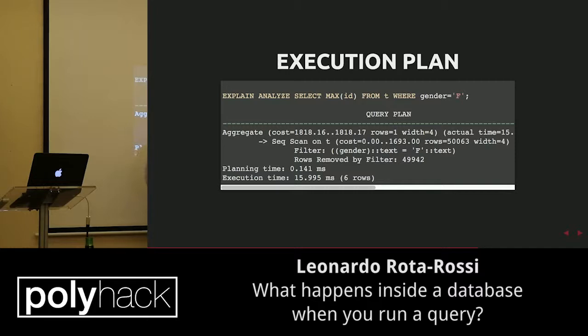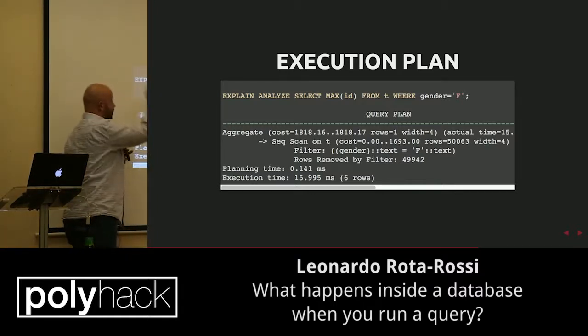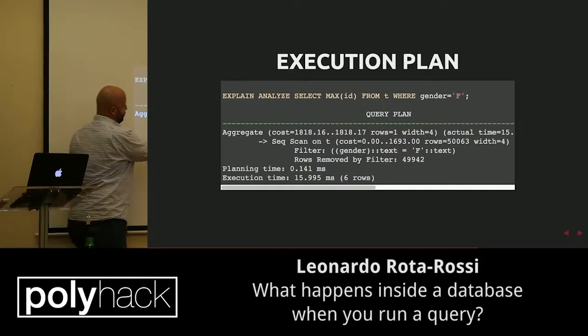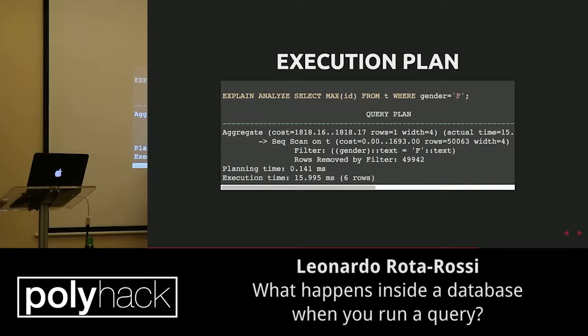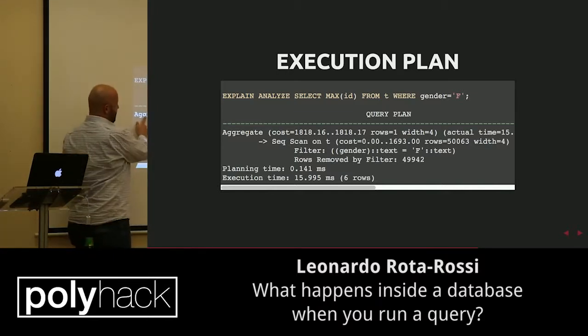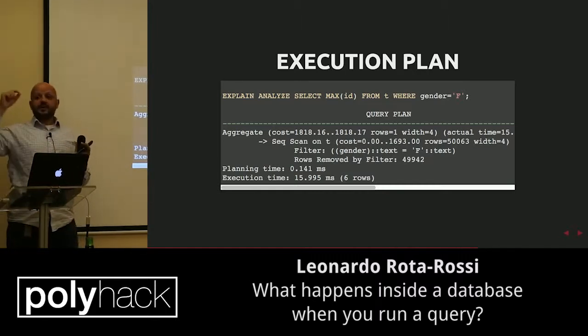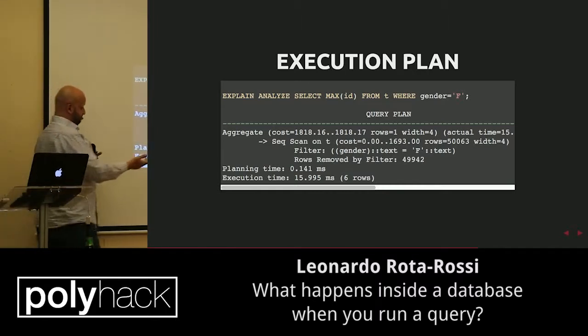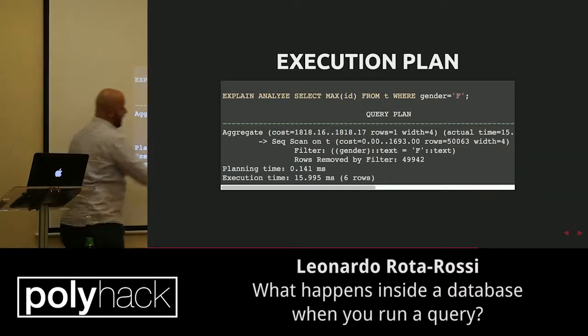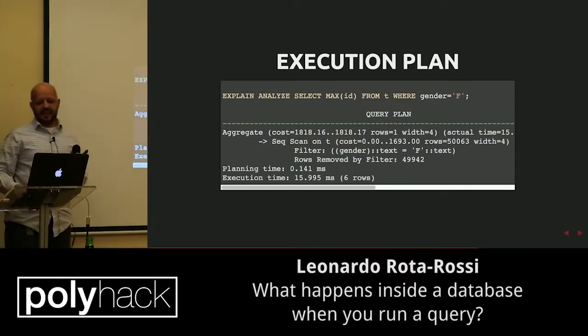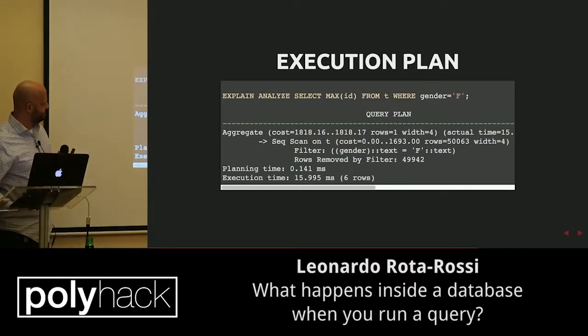Select max ID from T where gender equals F. The plan, without any index, does a complete scan on the table, same cost as before, and then aggregates to pick the biggest ID. The execution time was around 16 milliseconds.